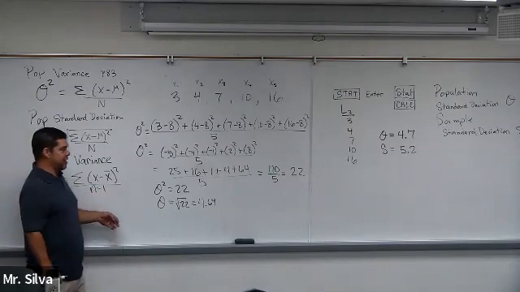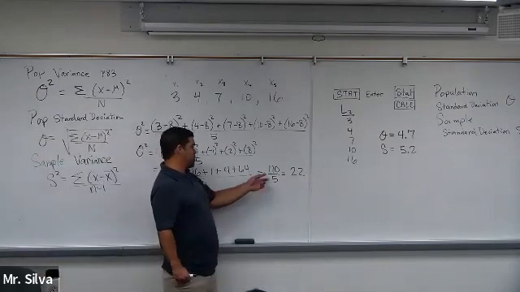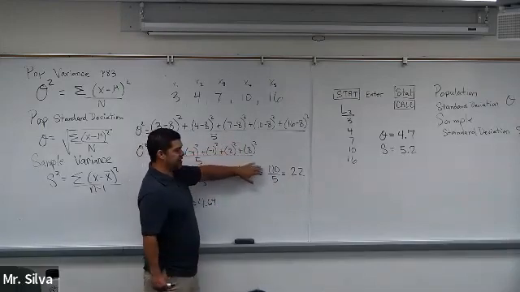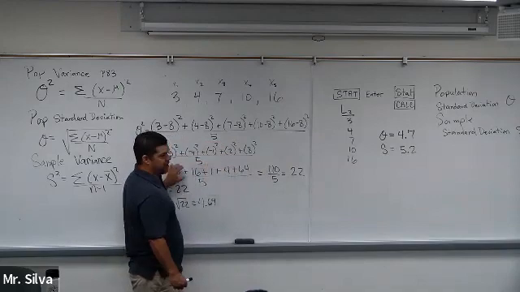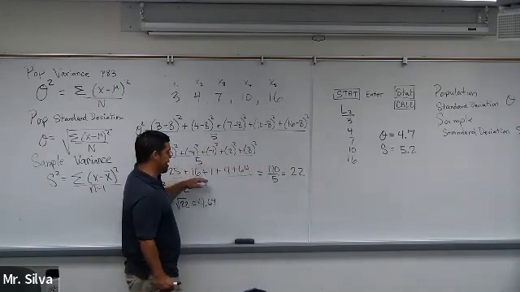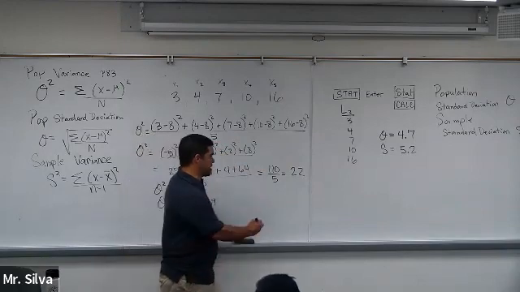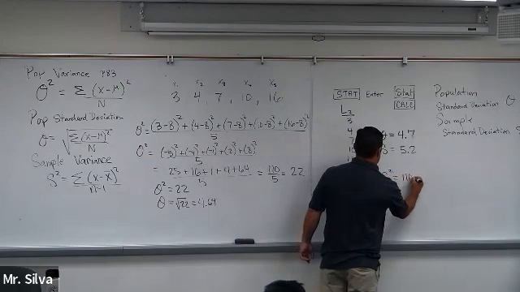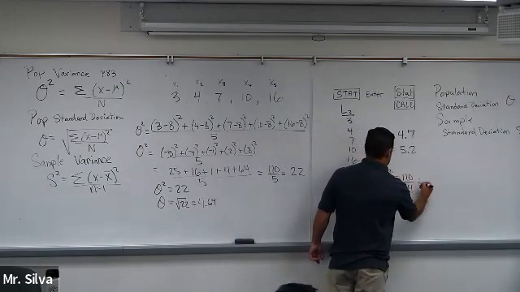What are we gonna divide by? So this 110, remember we got, when we did all this math? We got 110. The numerator, the top, this is 110. That doesn't change. But instead of dividing by 5, we're gonna divide by 4. So S squared is 110 divided by 4.